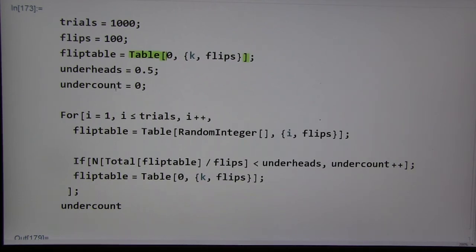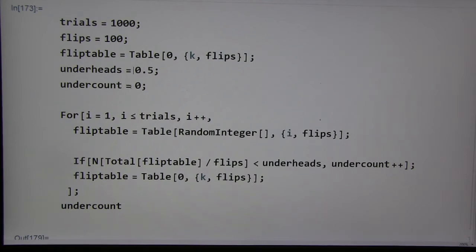I set 1 as a head and 0 as a tail. Underheads is 0.5, so that should be the number of trials that have less than 0.5 times the flips number of heads. So in this case, less than 50 heads.